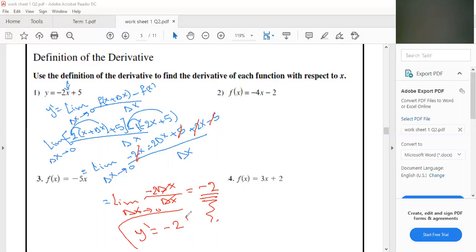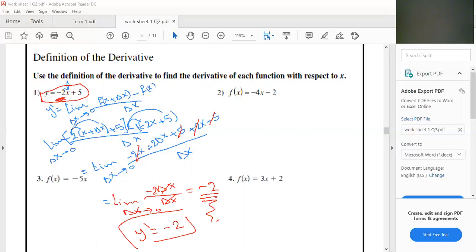The derivative of this function equals what? -2. I told you how to make sure your answer is right or wrong. You told me before the derivative is the slope. Okay? This is a linear function. What is the slope here? -2. Your derivative is the slope of this line, so you are right.